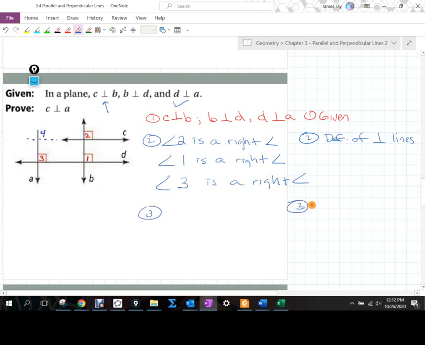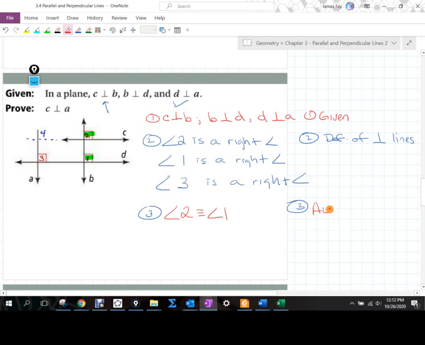What do you know based off of what we've already talked about? If that angle right there and that angle there are both right angles, what can I say about them? They're congruent. So I'm going to say angle 2 is congruent to angle 1.